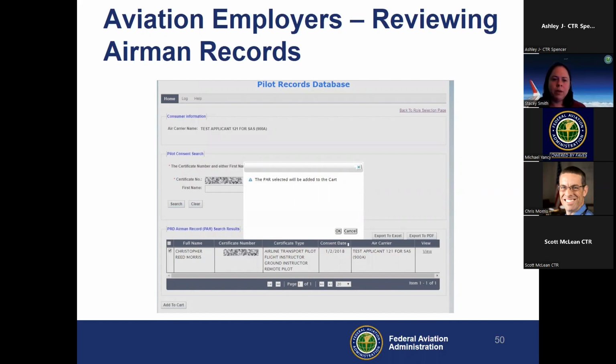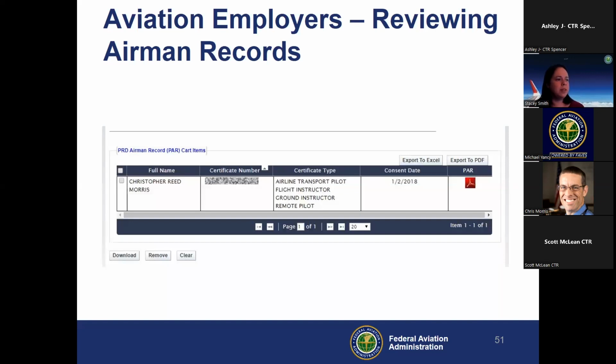If you're reviewing multiple airmen's records, you can enter all the information for the pilot and then do this part last. Once it's complete, the information, you'll get like a zip file at the bottom where you'll be able to see and download the records in a PDF, or sometimes it might be another browser depending on the settings on your computer.